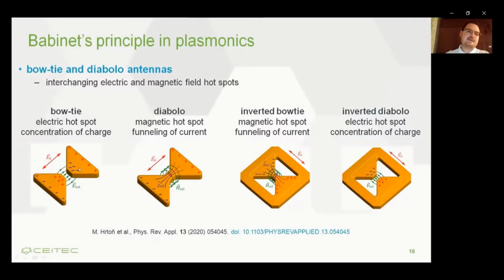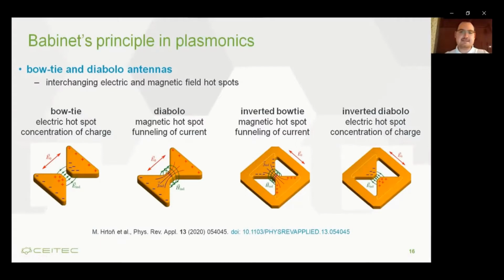And if you make an inverted antenna, you have an inverted bow-tie with a magnetic field hotspot and an inverted diabolo with an electric field hotspot. So you can play with changes between electric and magnetic field hotspots and between particles and apertures. So you can easily choose what you want for your applications.